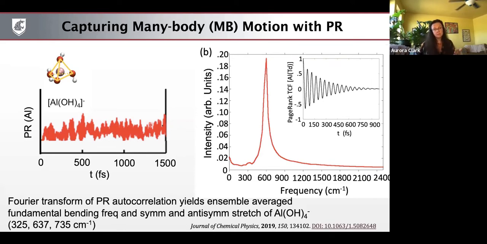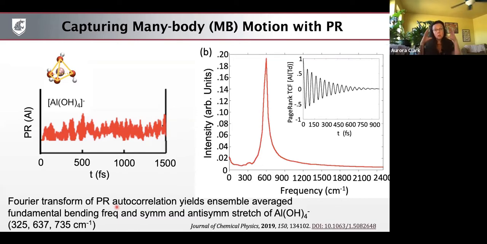And when I do that, I can take the Fourier transform of that autocorrelation function, and that gives me a characteristic time scale of the fluctuations in PageRank of the aluminum as the aluminate is vibrating and bending. Now, what's really interesting about this is that the peak frequency of this PageRank autocorrelation function is the averaged fundamental frequency of the normal modes that occur in the aluminate.